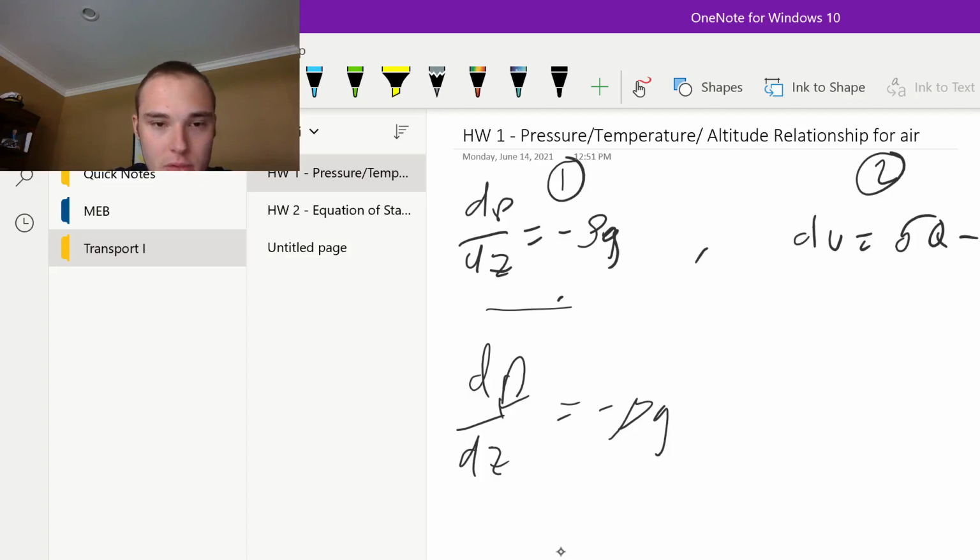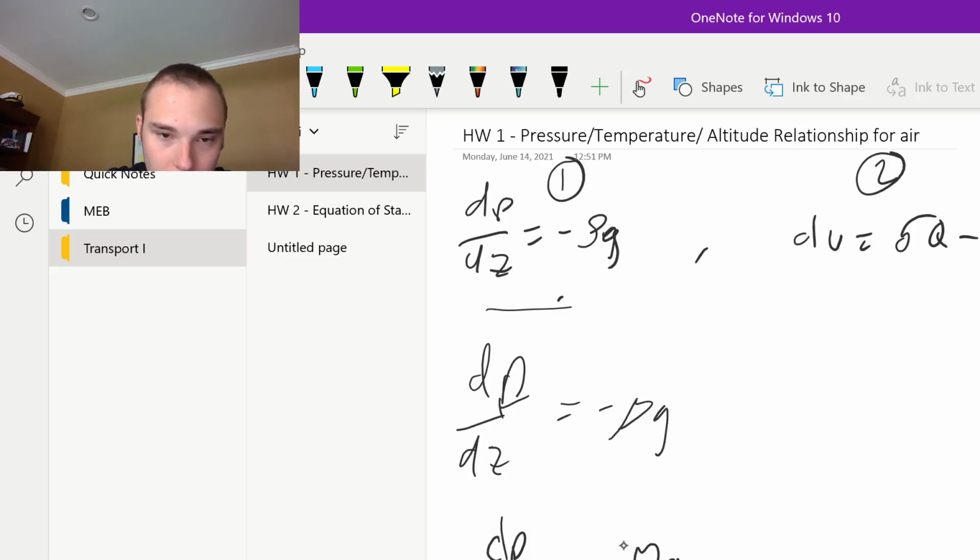We can turn this into a separable equation and then integrate it to relate the pressure and temperature. So we'll have dP over dZ, and then this will be equal to the density of the ideal gas, which will be this, the mg over RT.